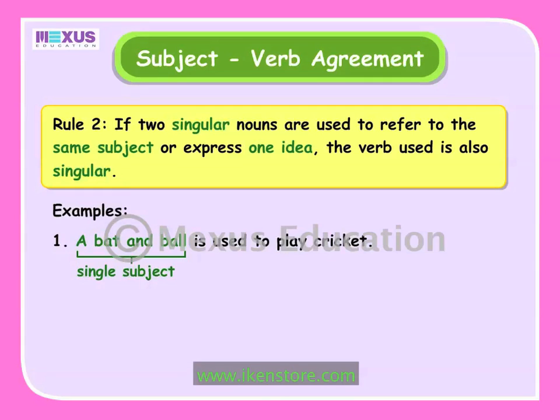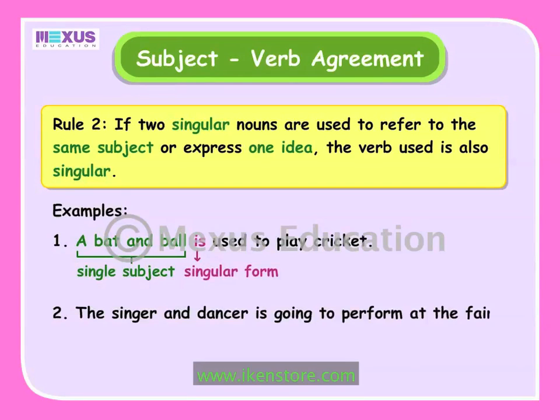So, the verb used here is also singular. The singer and dancer is going to perform at the fair. Here, the singer and dancer refer to the same person. So, the verb used here is also singular.